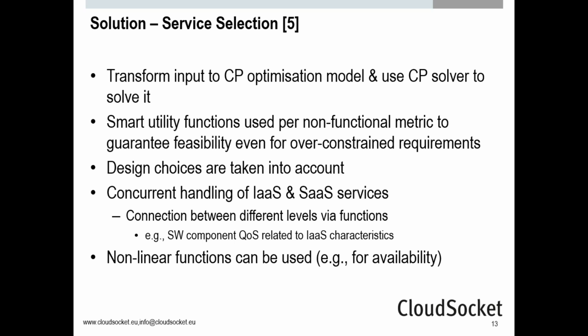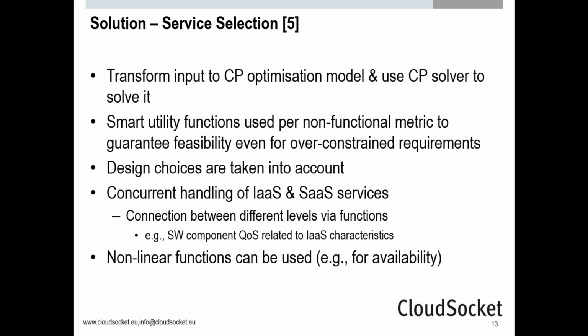As already indicated, there are some design choices that have to be made in the service selection, and we take them into account by a careful formulation of the constraint optimization model. You can find more details about this in reference 5.